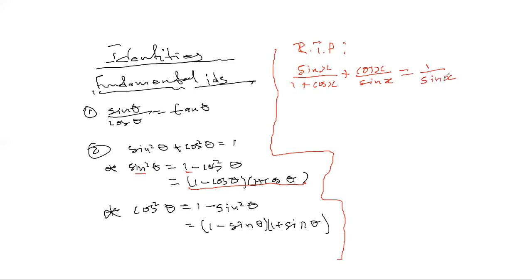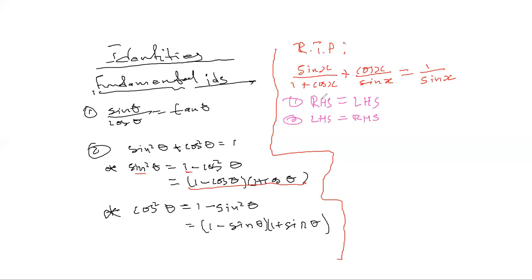Now, whenever you see something like this, there are three ways in which we can prove this. First method, I can say right-hand side equal to left-hand side. Secondly, I can prove left-hand side is equal to right-hand side.